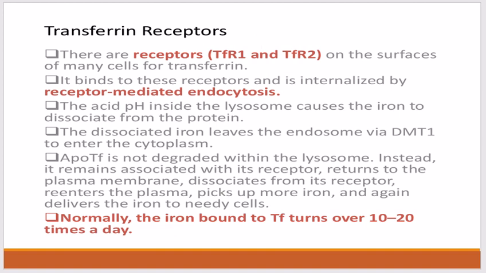Now comes the transferrin receptors. There are the receptors which are known as TFR1 and TFR2, transferrin receptors 1 and transferrin receptors 2, which are present on the surface of many cells for transport of transferrins. It binds to these receptors and is internalized by the receptor mediated endocytosis.